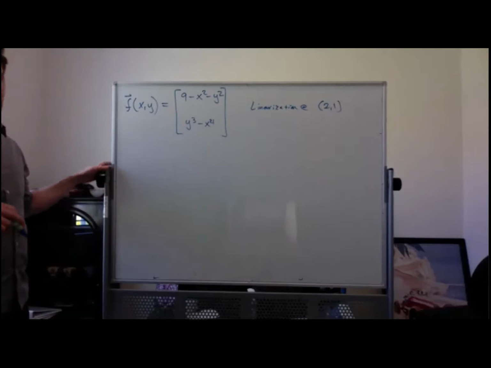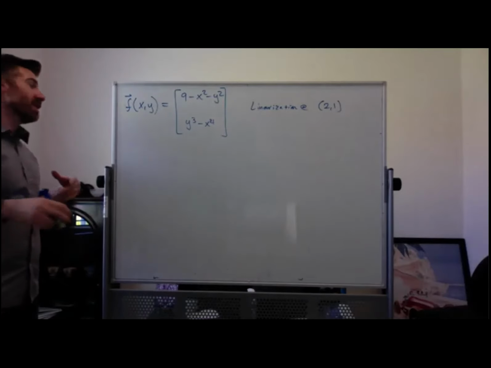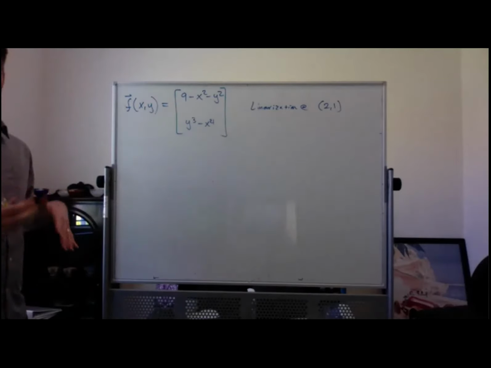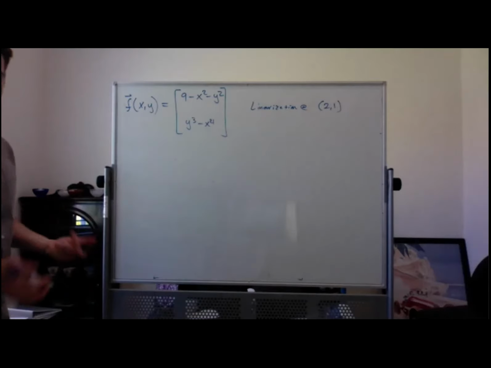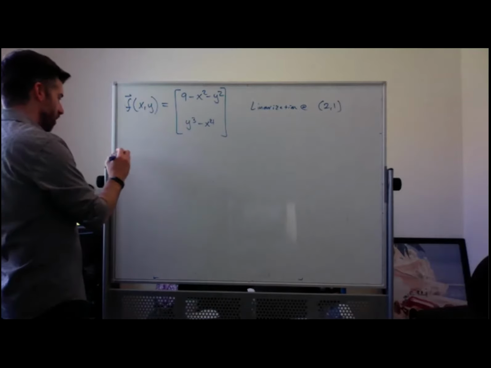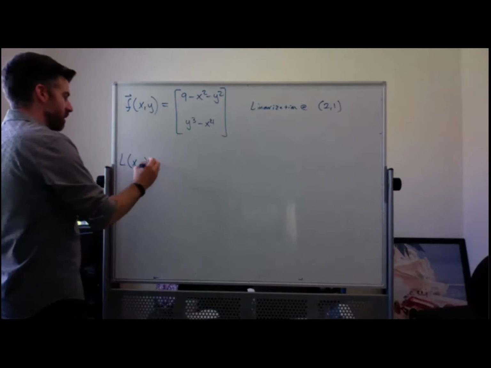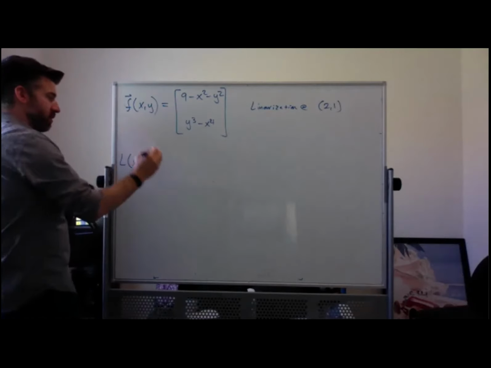So all this is allowing us to do is linearize multiple functions in one shot. So we're not repeating all the same work. So here's what we're going to get. Our linearization of xy is going to be our vector valued function.